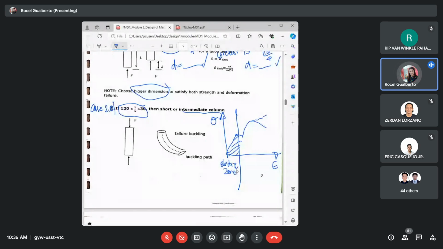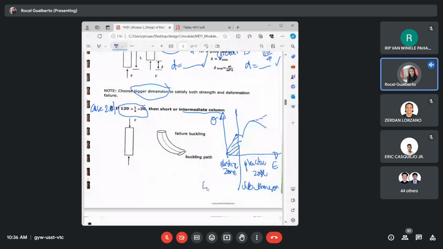Elastic and then plastic zone. This is governed by the theory of failure known as the J.B. Johnson. At naman po kabila, this is governed by the Euler formula.